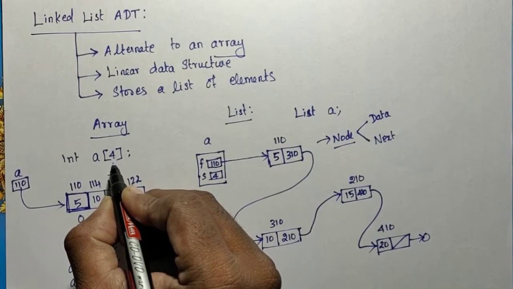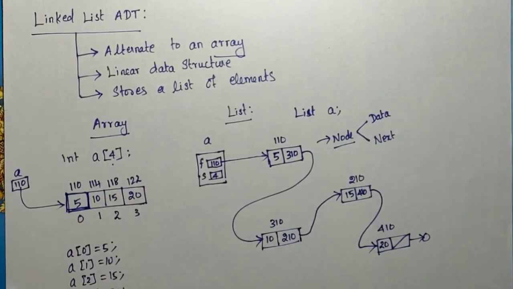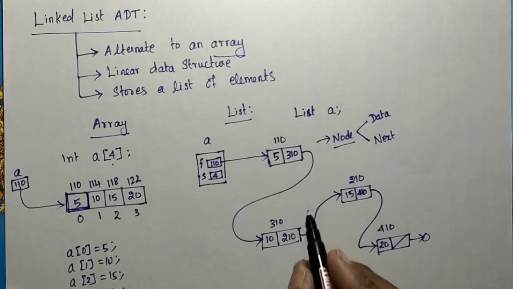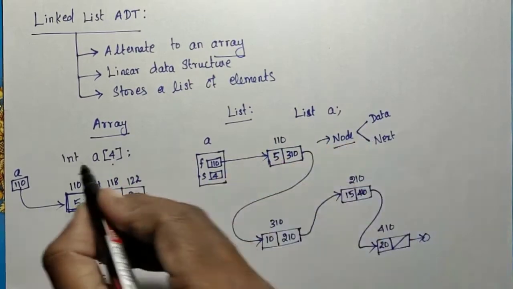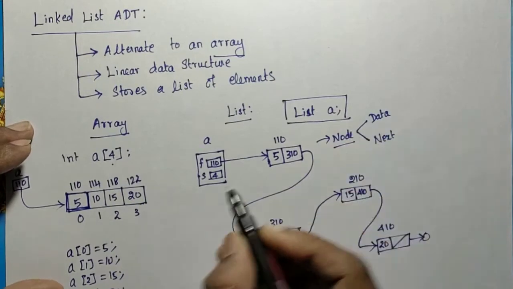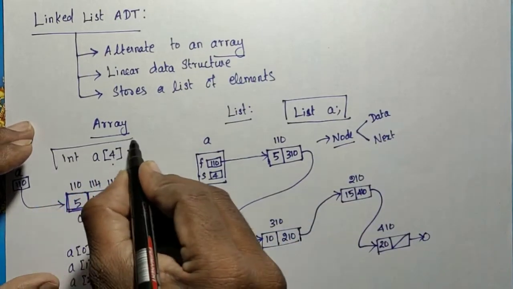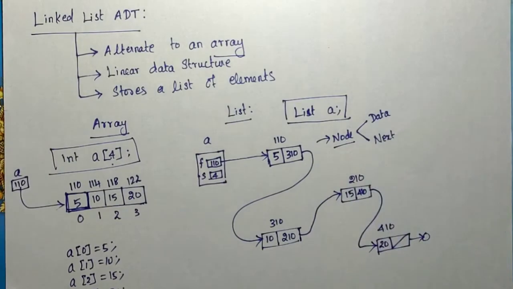How many elements you want to store needs to be specified in advance, but that is not needed for the list. If you want to create a list, you just create list A like this. If you want to create an array, we have to specify the size. For the list, the size need not be mentioned.